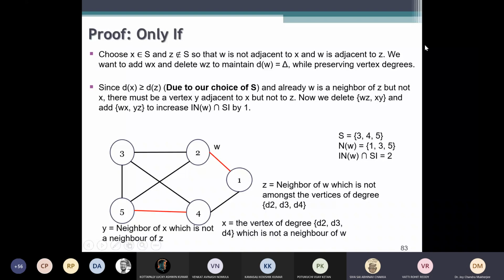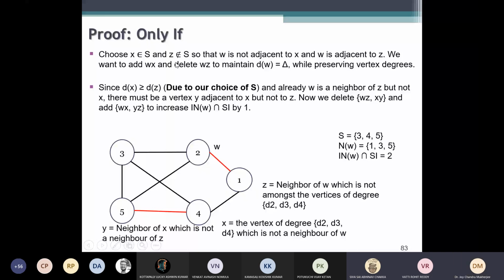So in this graph, what is my S? S is vertex 3, vertex 4 and vertex 5. Now out of this, I have to choose some vertex as my X such that this X is not adjacent to W. That is 4 is X here. 4 has degree 3, but 4 is not adjacent to W. Okay.